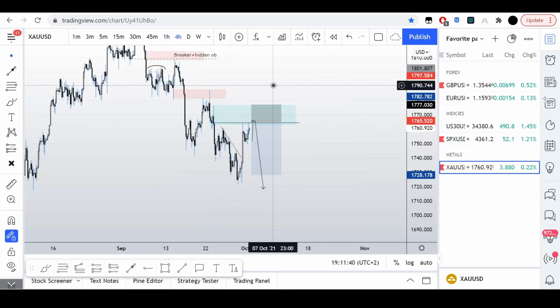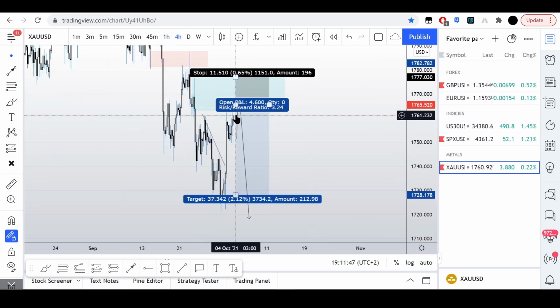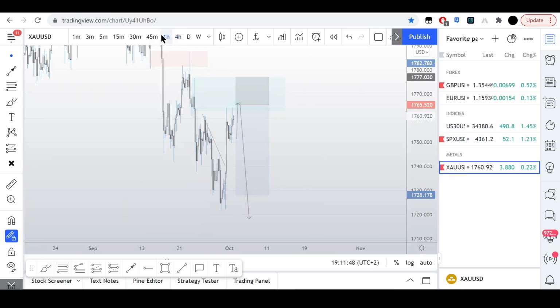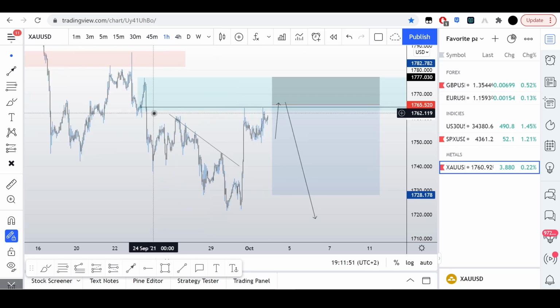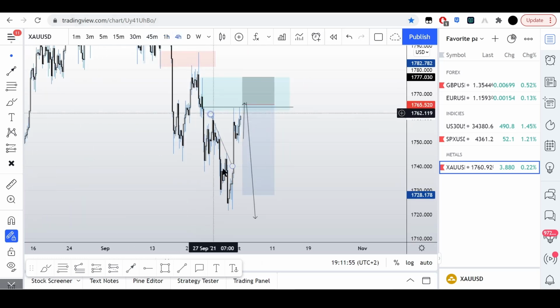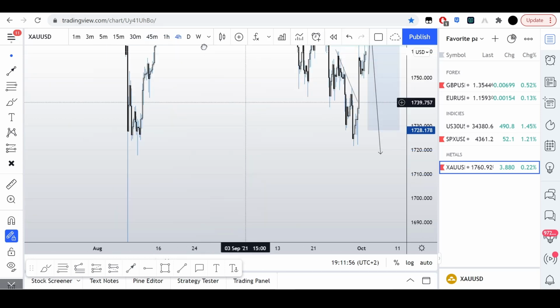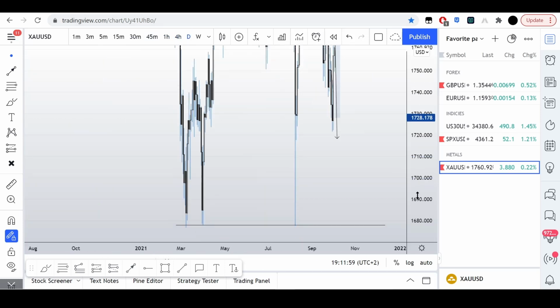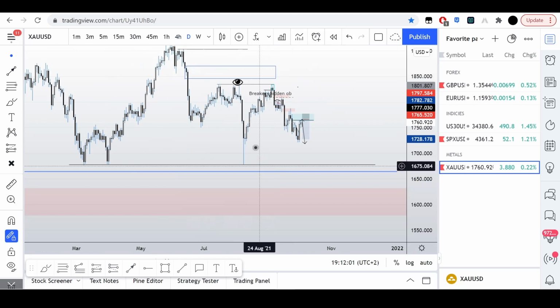US30, I was about to say US30. Right now, I am looking for price to come up and take out these highs again. Now, as you can see, price is inside of a bearish order block here. I am looking for gold to continue lower because of how this low failed to create a higher high right here, and now we're coming lower.